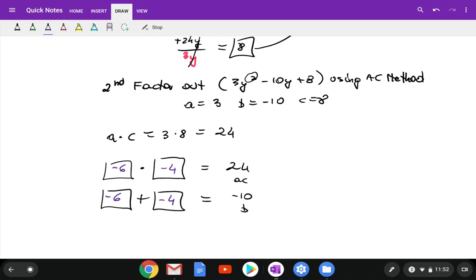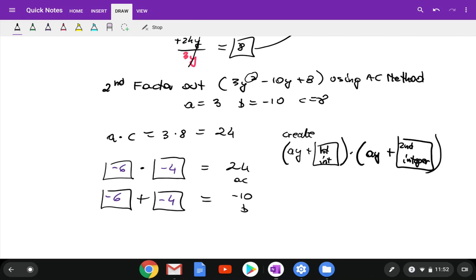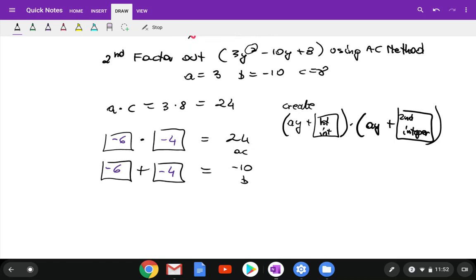Okay, so next what we're going to do, create a y plus first integer times a y plus second integer. Okay, so that's what we're doing next. Don't forget that in our case a is equal to 3.